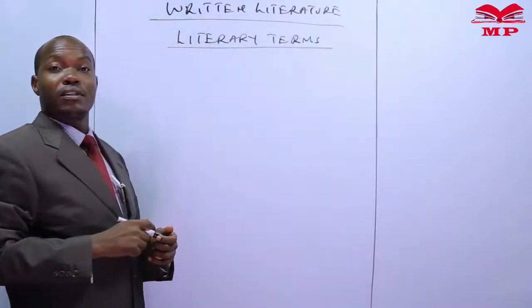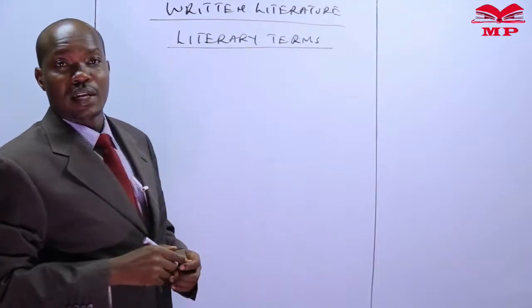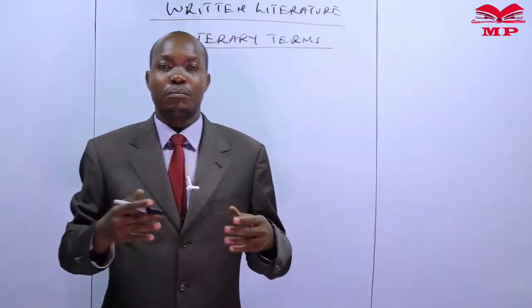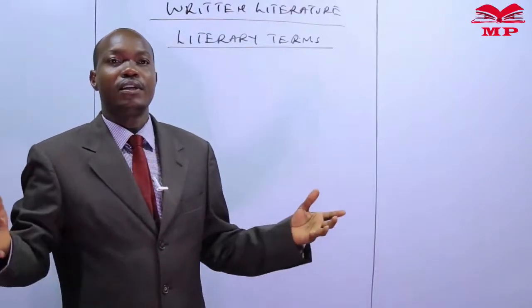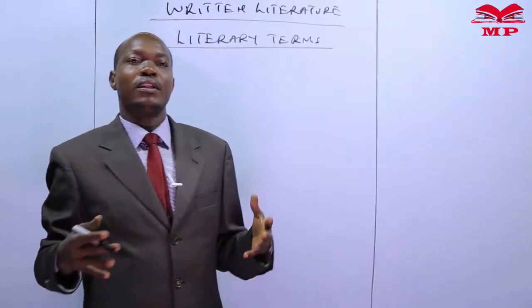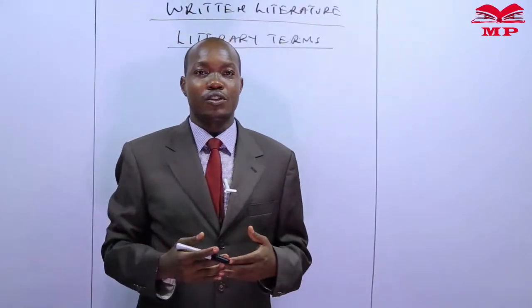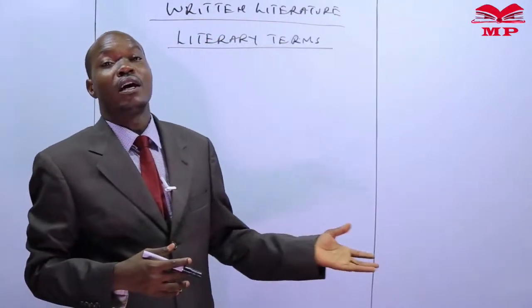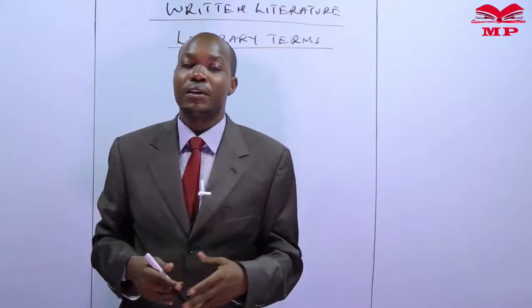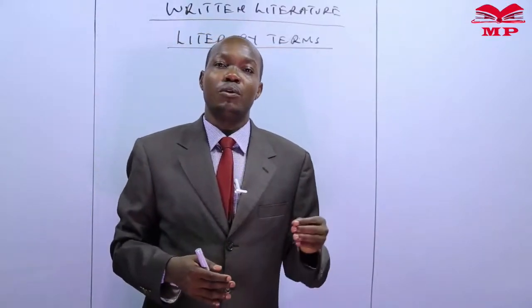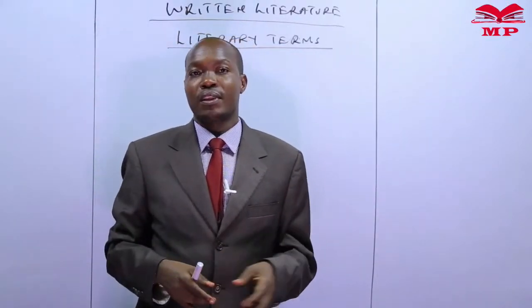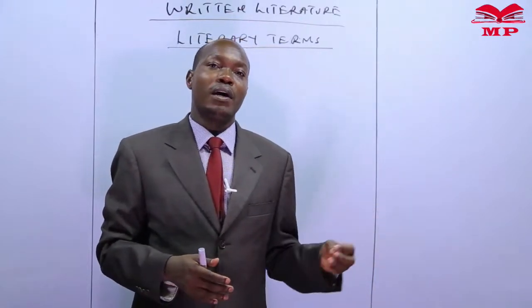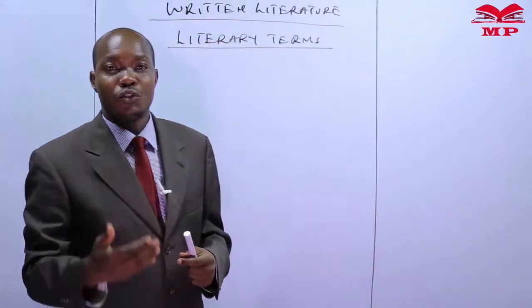Now, in the previous lesson, we looked at a major term that we call the plot outline. And I said plot means the flow of events in a story, from the time the story begins or the play begins up to the end of the play. We saw that the plot has 5 major events. The first event is what we call exposition or point of attack, whereby that marks the beginning of the story.